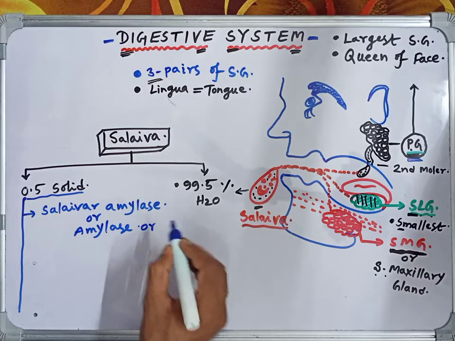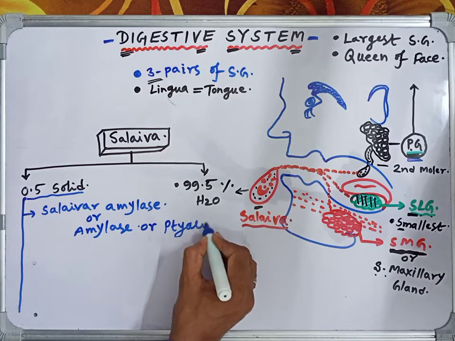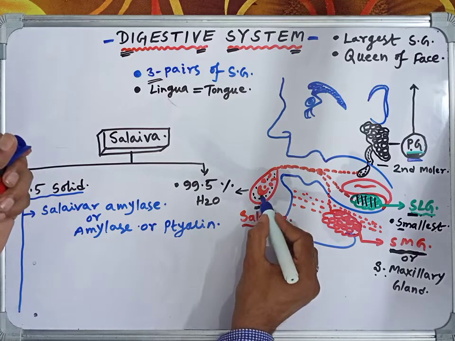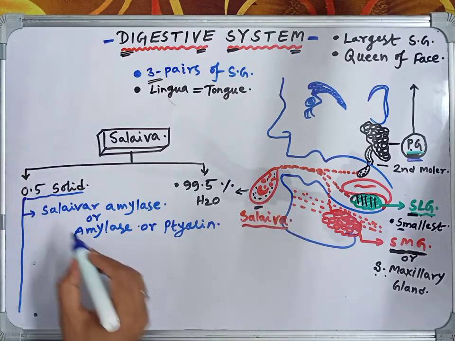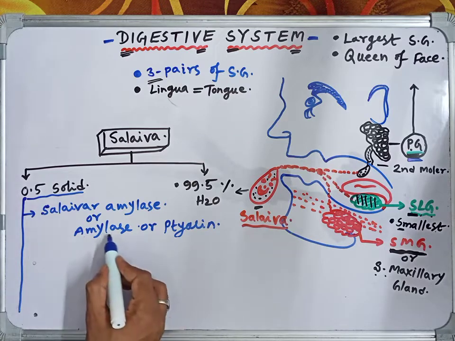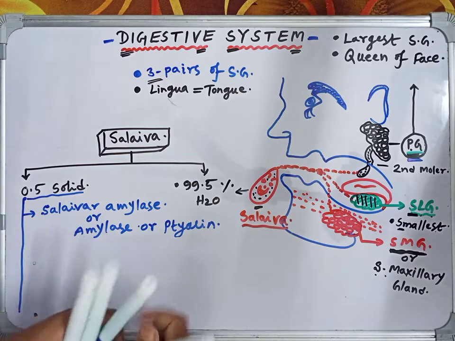Amylase is also called ptyalin, right? That is the first enzyme. This salivary amylase enzyme is present in saliva, and it is responsible for digestion of carbohydrate, right? That is another MCQ.